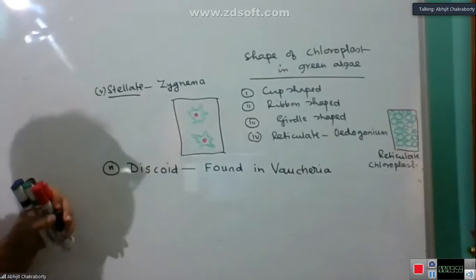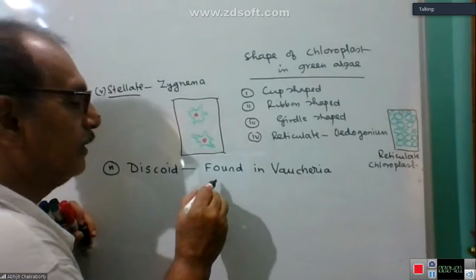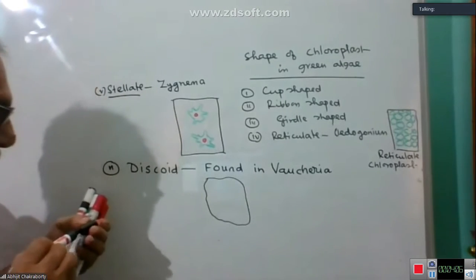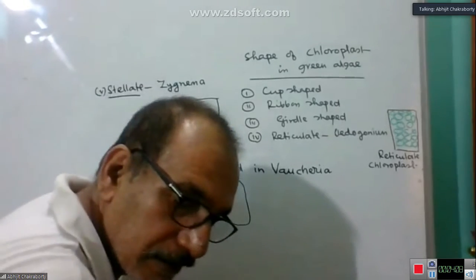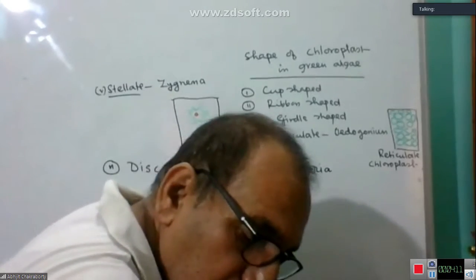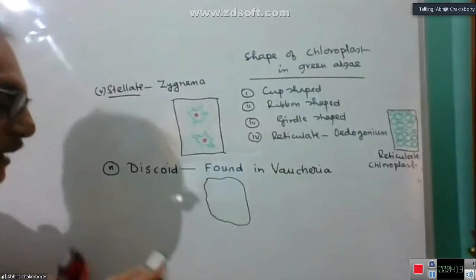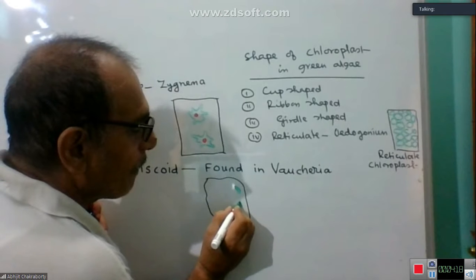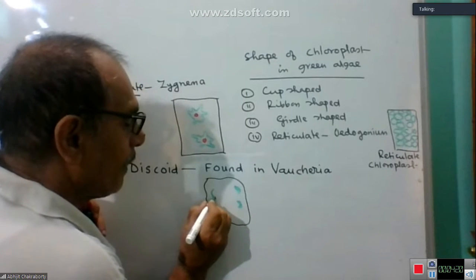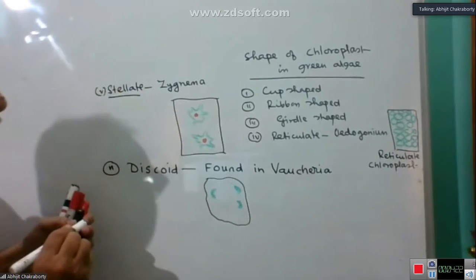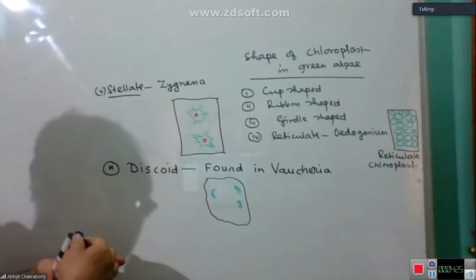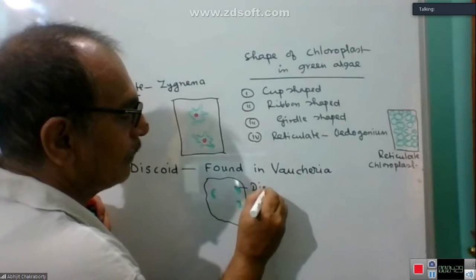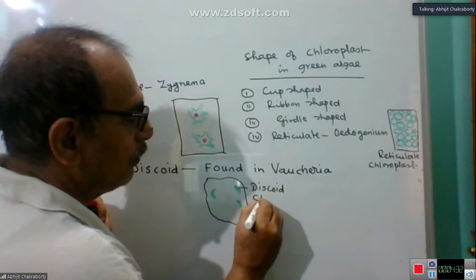So what is here? It appears disc-shaped. So this is the chloroplast. You can call it discoid chloroplast.